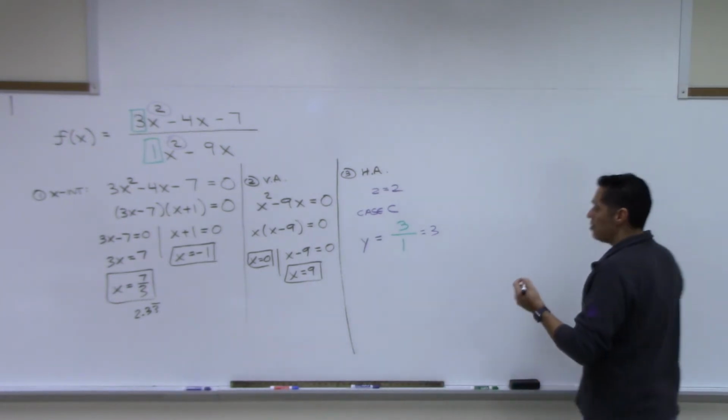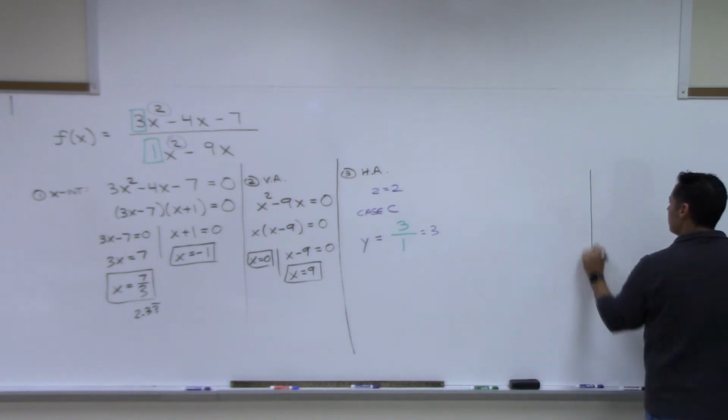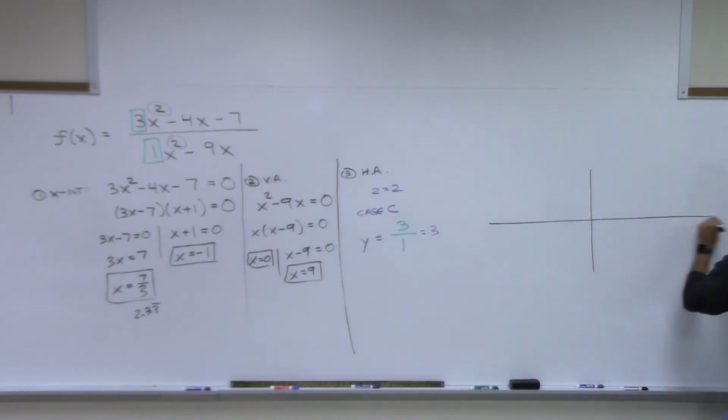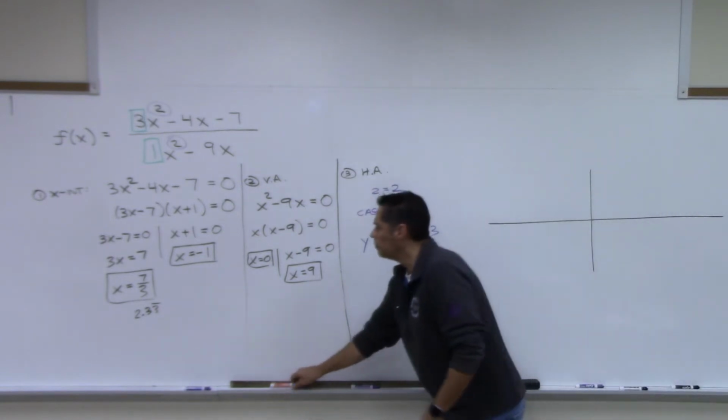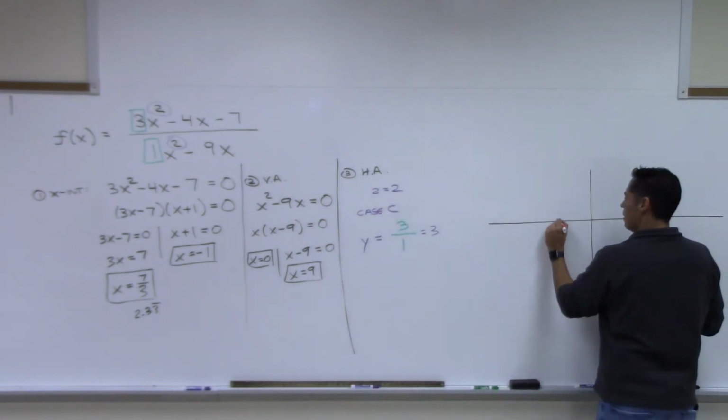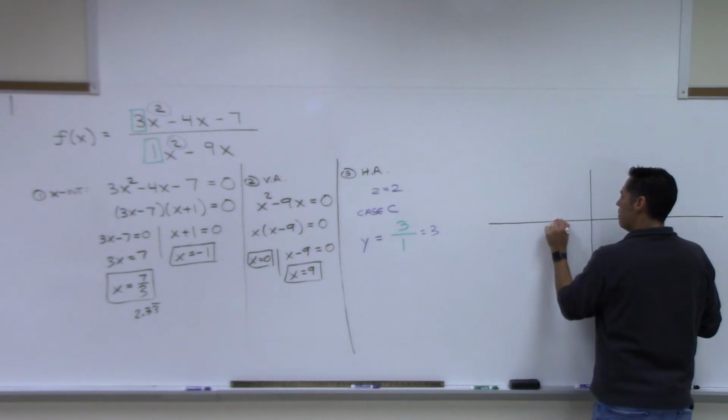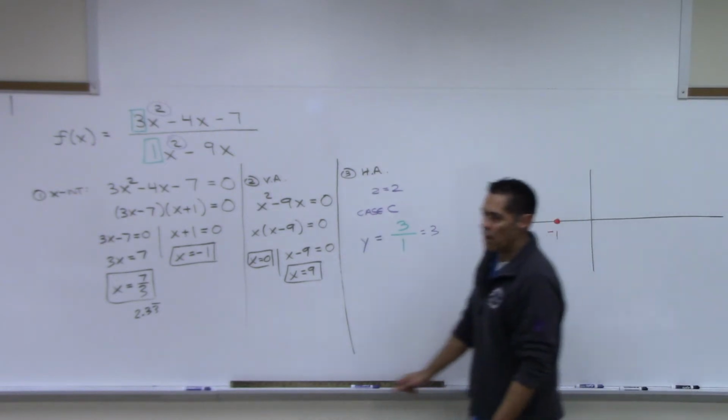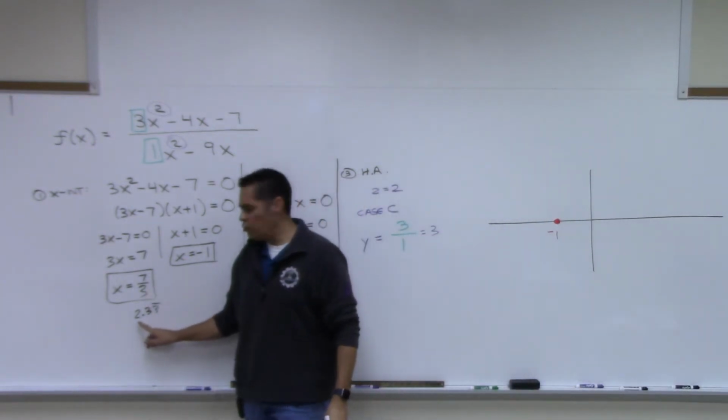All right, let's draw a picture. This is going to suck. Okay, x-intercepts. We have one at -1. I have another one at 7/3, which is 2.33.